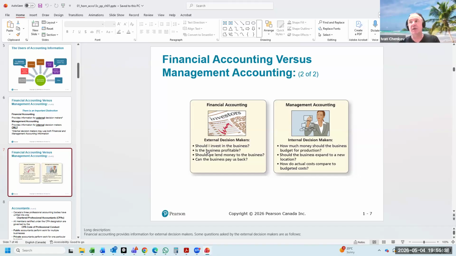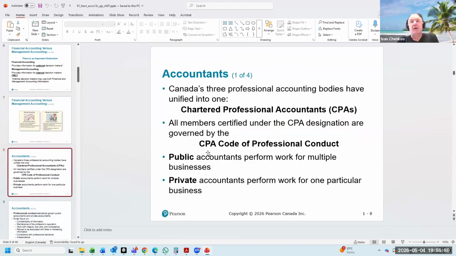Can we do something about it so we don't lose money? Shall we expand the business? Shall we not expand the business? How to do this, how to do that. This is management accounting. If you want to know more, we have management accounting courses, and I strongly recommend them.